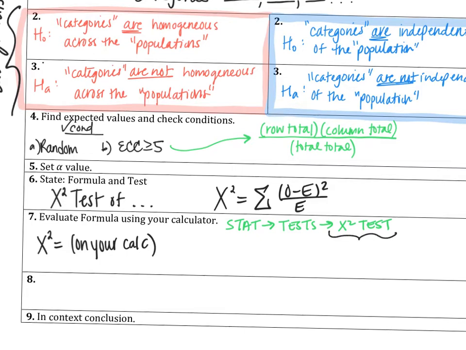So in order to use a two-way table, you have to use matrices. Within this, you're going to have a matrix A for your observed data and a matrix B for your expected data.